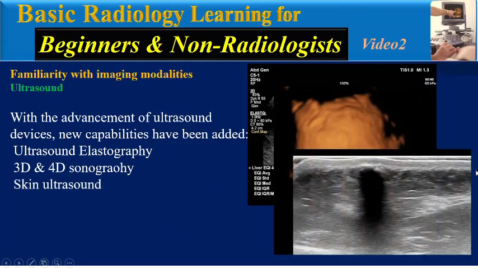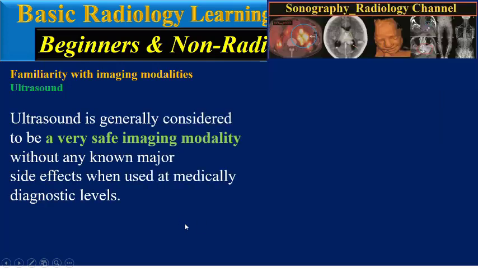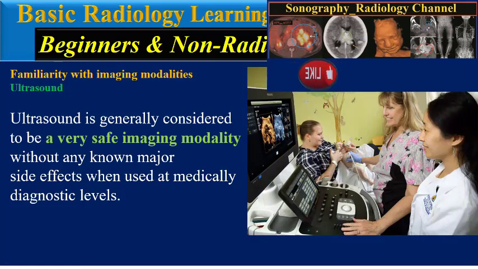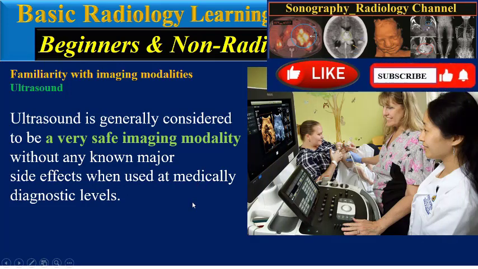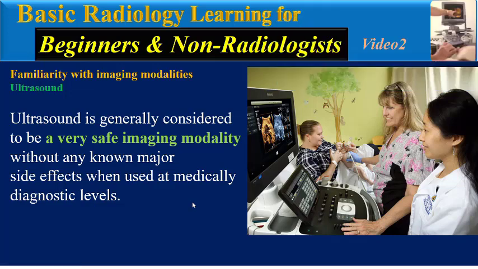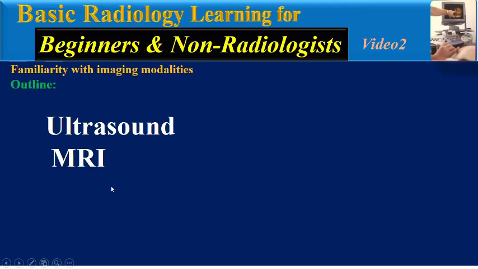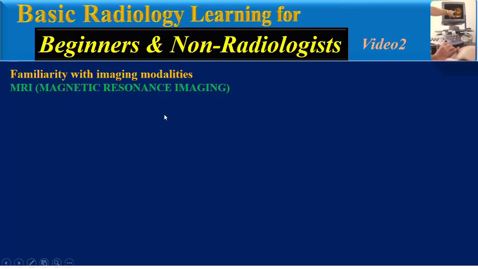As we can see here, the skin surface, epidermal layer, subcutaneous fat layer, muscular fascia, and muscular layer. Ultrasound is generally considered to be a very safe imaging modality without any known major side effects when used at medically diagnostic levels.